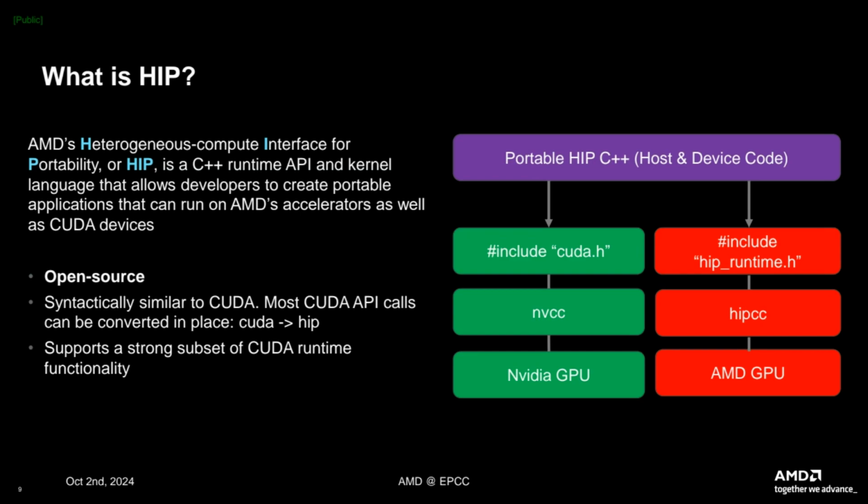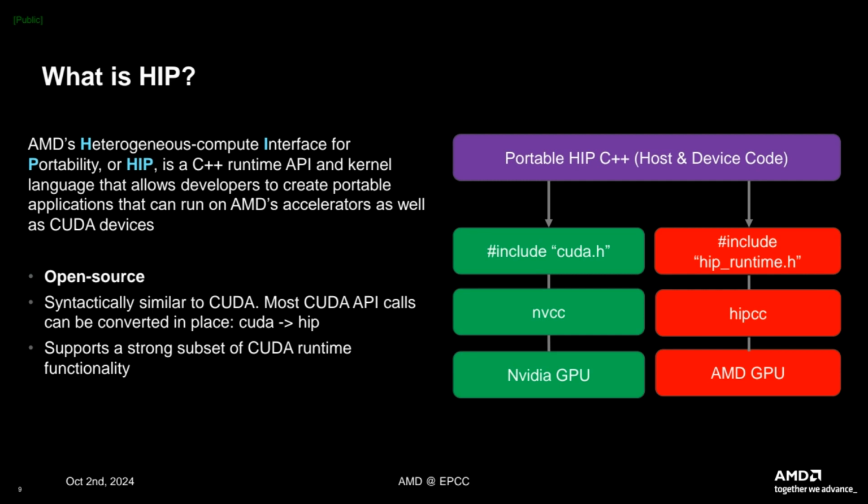And it's open source, as you may already be aware of, and has very similar API calls as CUDA. And in fact, most of the CUDA API calls are also available in HIP.